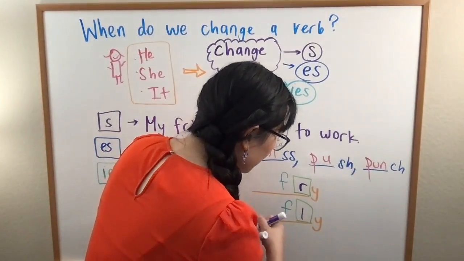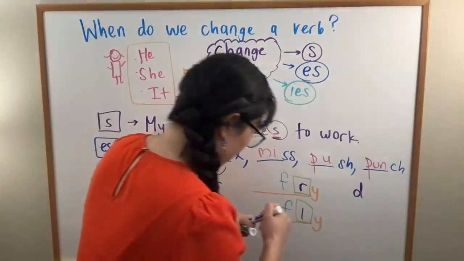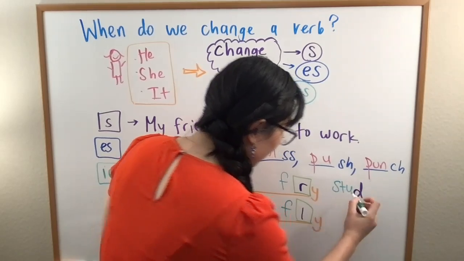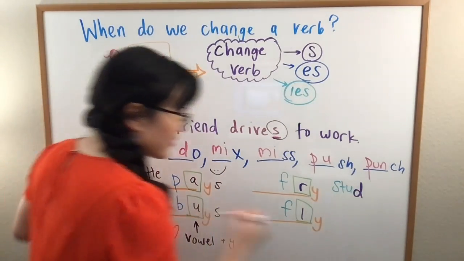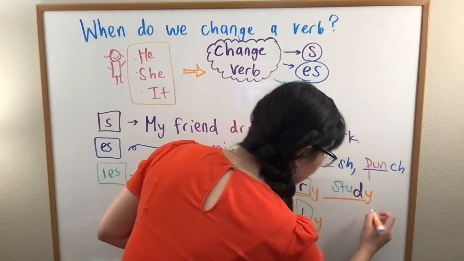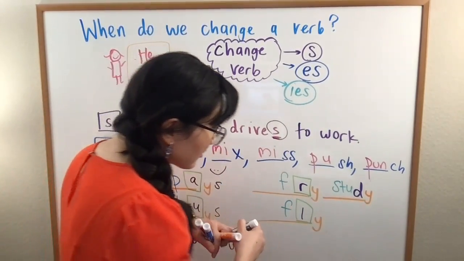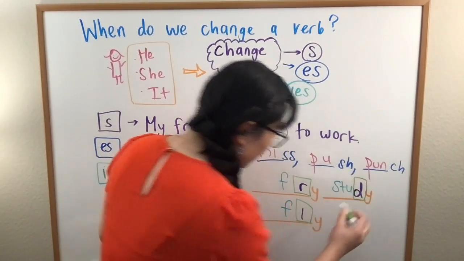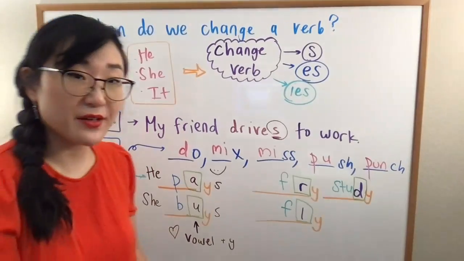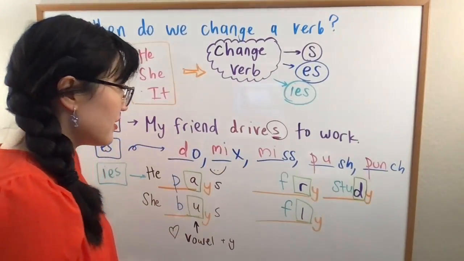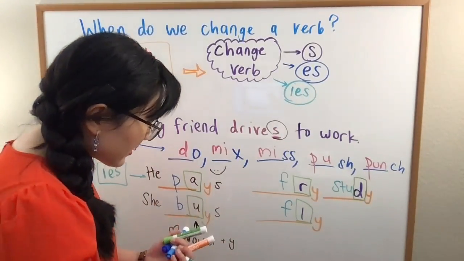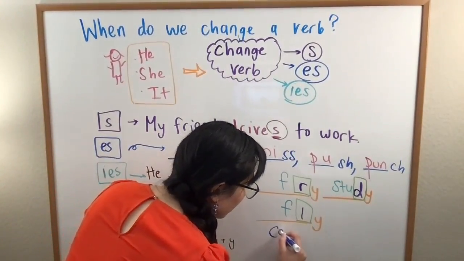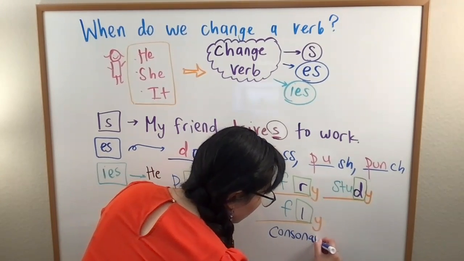Look at this one. What are you doing now? You study. Study. That is also an example of a consonant. This is a consonant, right? It is different from our 5 vowels. So, when I see this, when I have a consonant and a Y, it's a little bit more difficult.